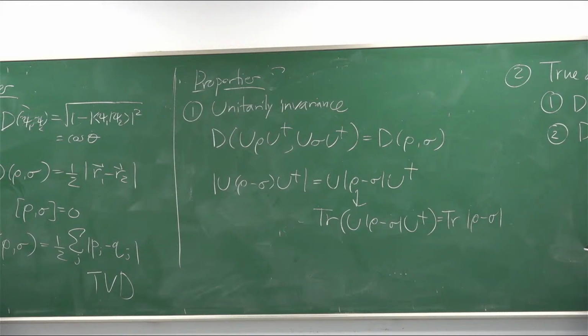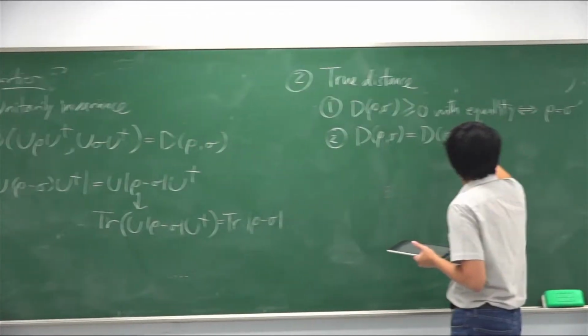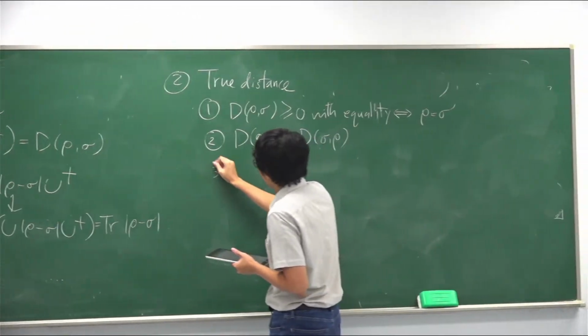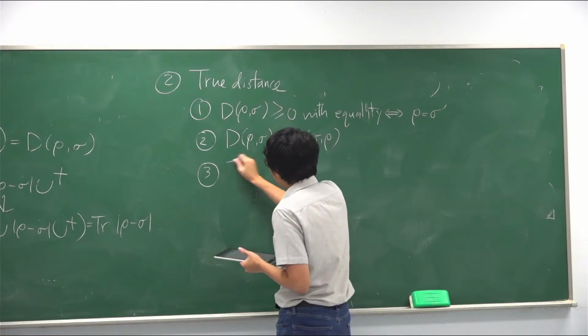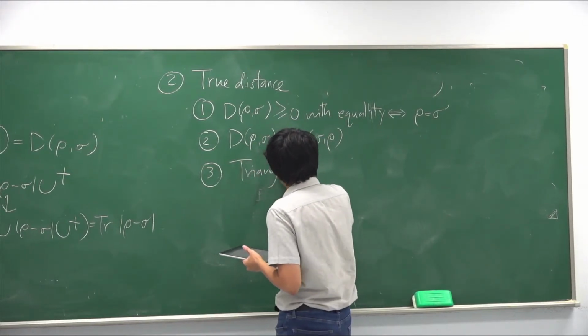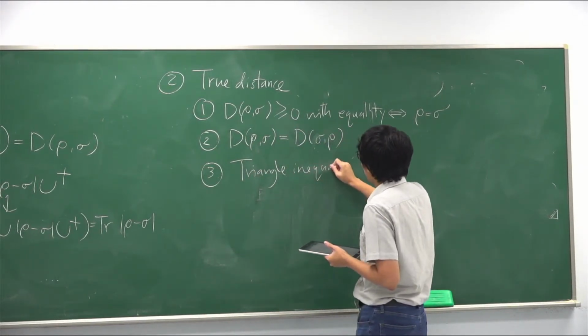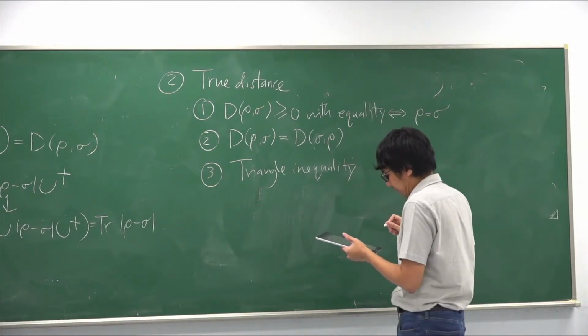It is symmetric, which is easy to see. The third one, the triangle inequality, is something that we have to prove.